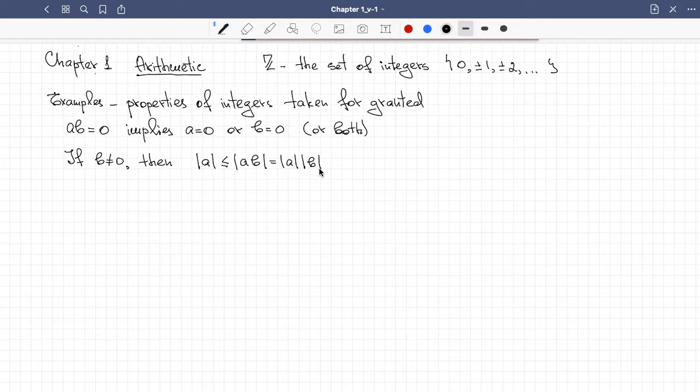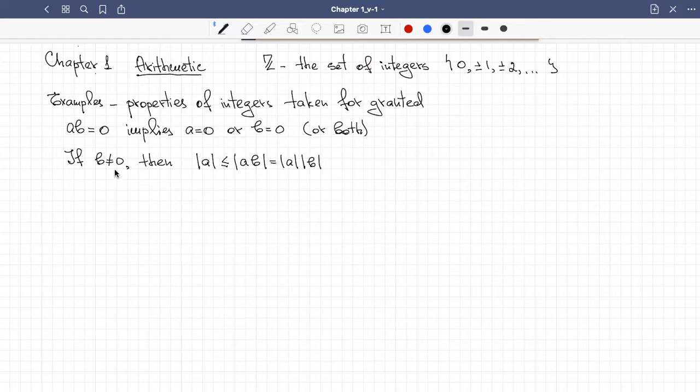Or what I say here, if we multiply a positive integer by another integer, we get something at least as big as the original positive integer itself.